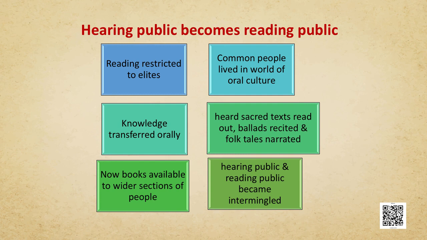So, they were not studying much, but due to print, common people could read in isolation as well, and common people who lived in oral culture could now read and write on their own. As a result, the knowledge which was earlier transferred through oral means was now transferred through print.